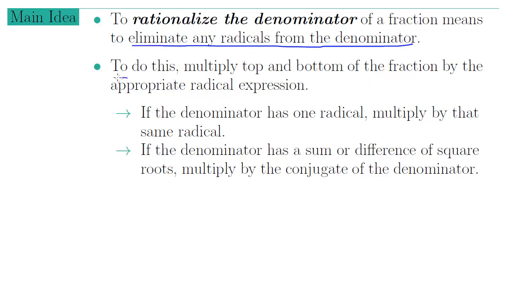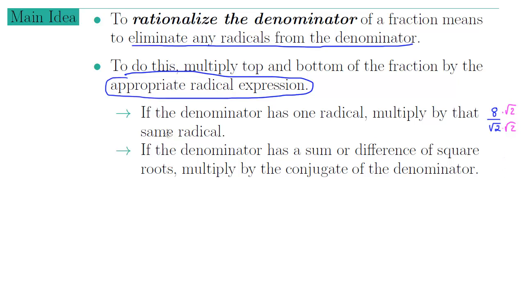Now, what you multiply by depends on what you're given. Okay? If you're given a denominator with only one radical, so something like 8 over root 2, then you multiply by that exact same radical. You take root 2 on top and bottom.